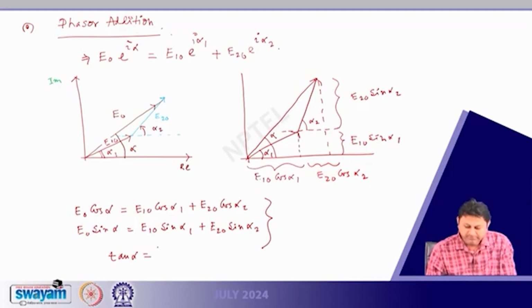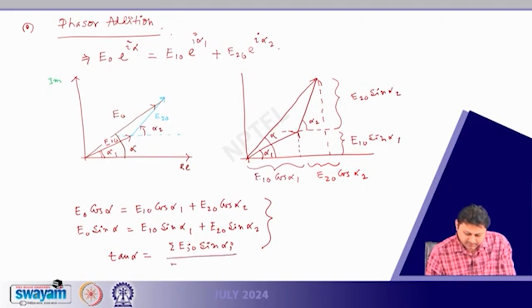In general, if instead of two waves I have multiple waves, we can have a general expression for that, and that is the summation of Ej0 sine of alpha j divided by the summation of Ej0 cos of alpha j, where j goes from 1 to n.